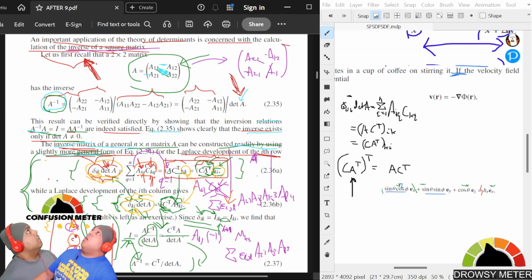Wait, I meant cofactor, not cofactor matrix. Is the cofactor the same as the original? A cofactor itself is not the same order as the original matrix. A cofactor is a scalar value.